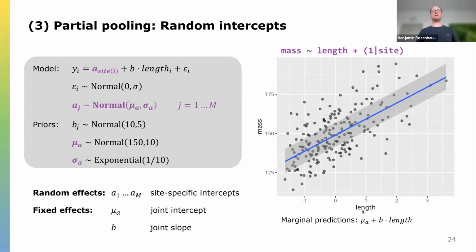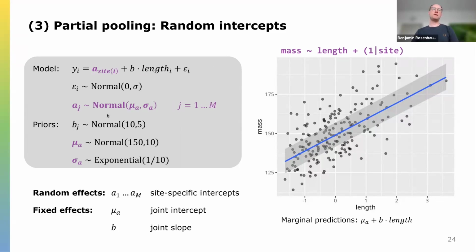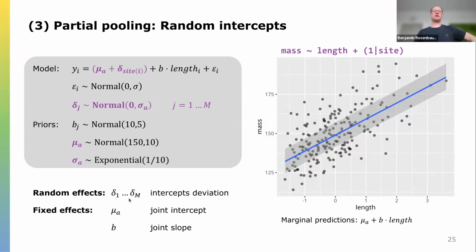You can again write this in a slightly different form by just reparametrizing. Now we have the random effects. They are the deviations from the overall intercept, and these deviations come again from a normal distribution.